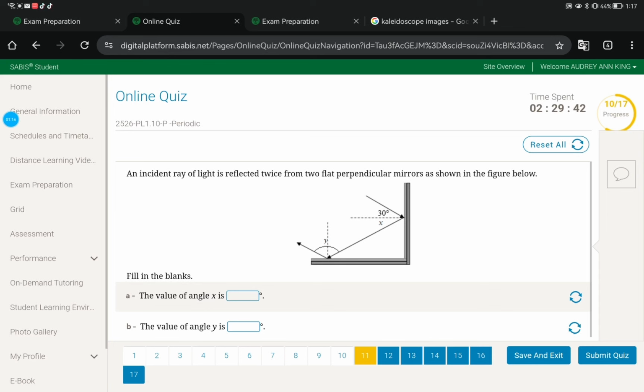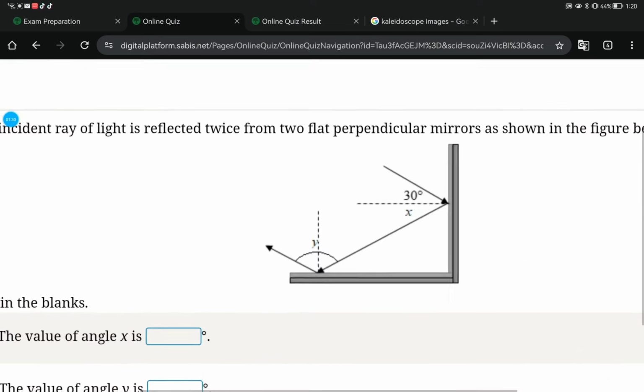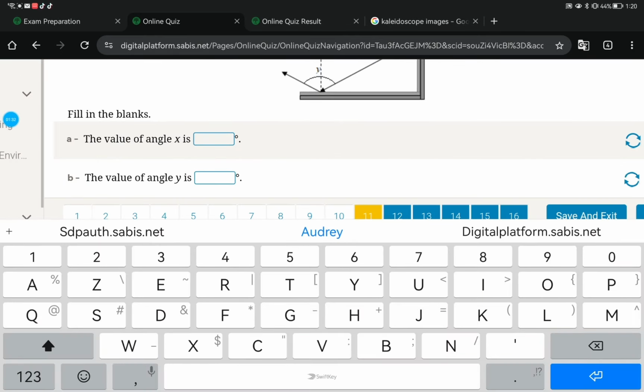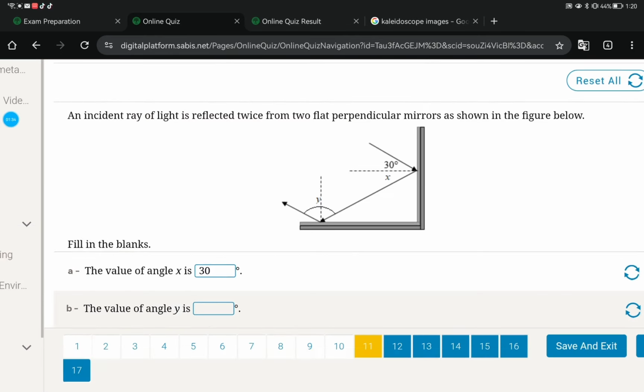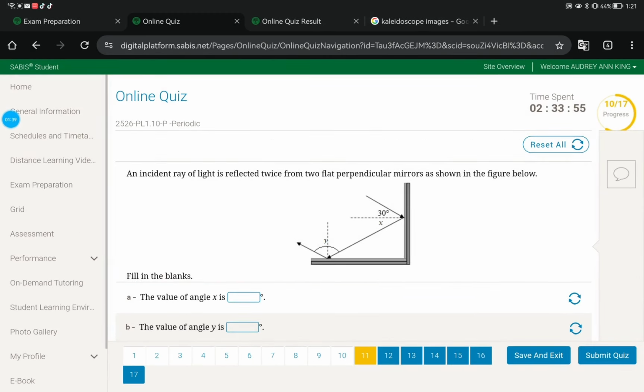An incident ray of light is reflected twice from two flat perpendicular mirrors as shown in the figure below. The value of x is, using the first law of reflection, going to be 30. Also, if it's reflecting, it's of course obviously going to be 30. The value of angle y. So we know that x is 30, right?